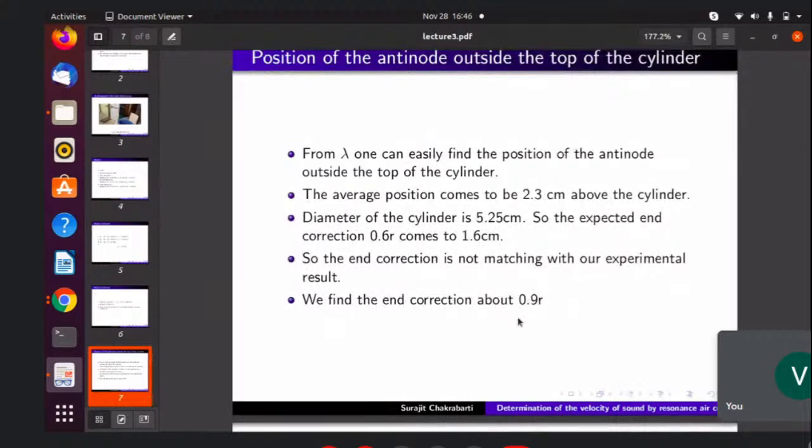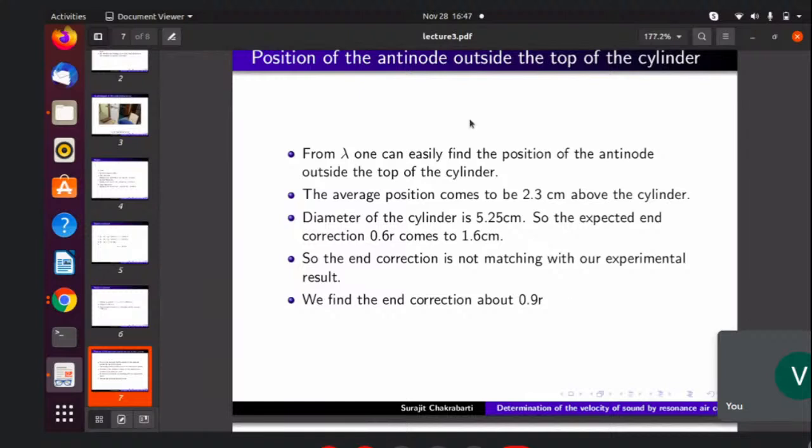What is happening is, in the old times in the 1950s, people used to do this experiment with heavy tuning forks, and with that, a frequency of about 500 hertz or 600 hertz was difficult. People used to do it at very low frequencies of 200 to 300 hertz, and for that the wavelength is very large, you can easily calculate. So the ratio of the diameter of the cylinder to the wavelength of sound was very small.